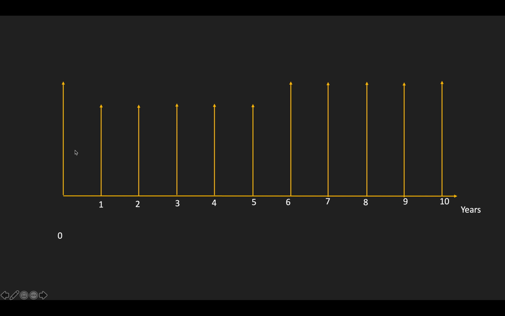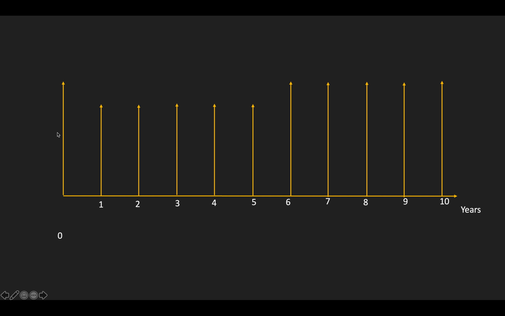So if you do this for year 1 to year 5, you bring it back to year 0. If some cash flow starts from year 2 to year 5 or year 2 to year 6, you can use the exact same thing, but it doesn't bring you back to year 0. It brings you to year 1. You convert everything into one single cash flow on year 1. You need to do one more time to bring it back to year 0.